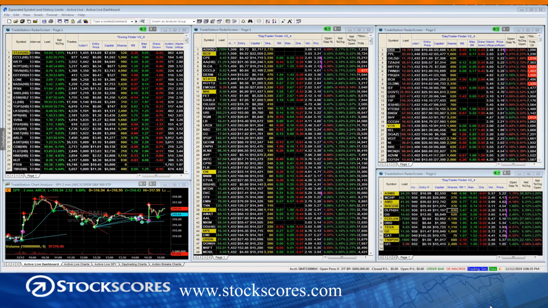And so you don't see it now, but down in the bottom right-hand corner, a little window will pop up as an alert, and it will display in the top line of this particular window right here, which is my window for buy candidates. It will display the symbol, the time of entry, the entry price, the capital required to take that trade, the number of shares, and then it also tracks the performance once a trade has been made or once a trade has been identified.